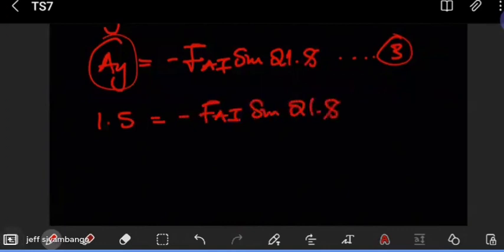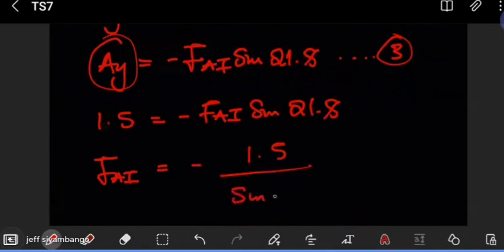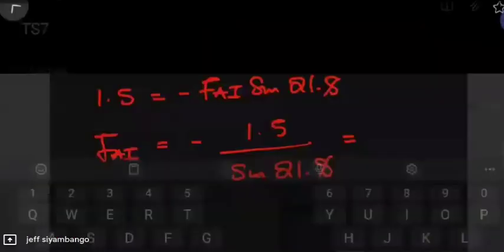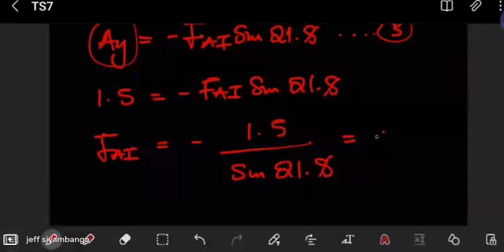So this implies that FAI is equal to negative 1.5 divided by sine 21.8. What will be the answer here? 4.04.